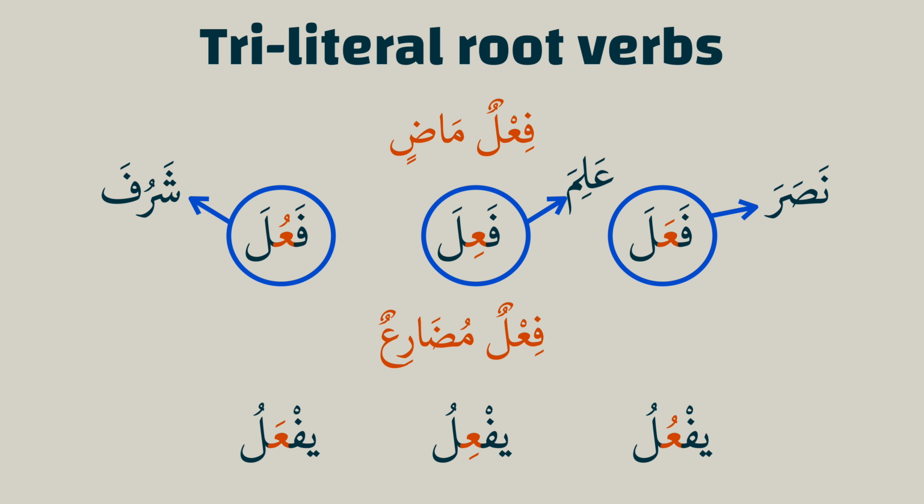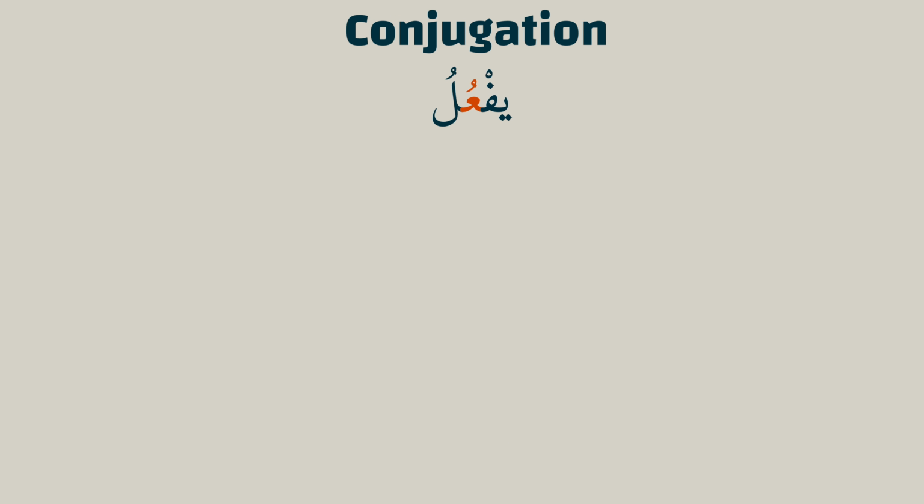Now let's move to fi'l mudari', taking the first pattern, which is yaf'ulu, which has a dhammah on its second radical. Let's have a division according to number, which is singular, dual, and plural. In this conjugation, we'll use the pronouns with their respective verbs, starting from third person masculine. Huwa yaf'ulu, for singular.